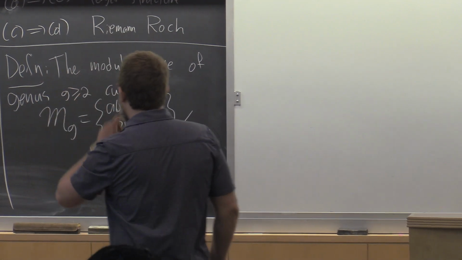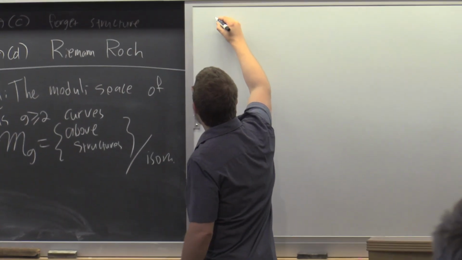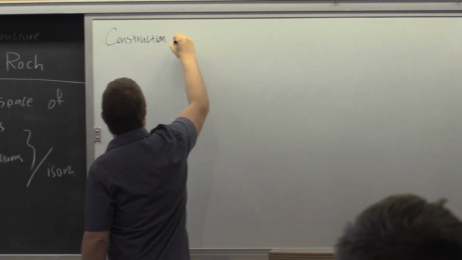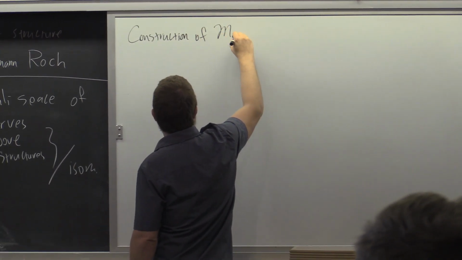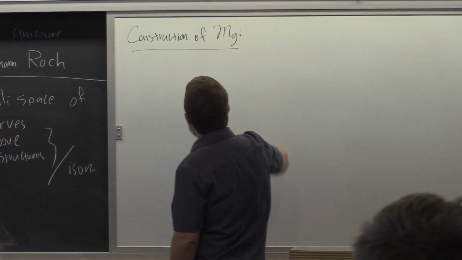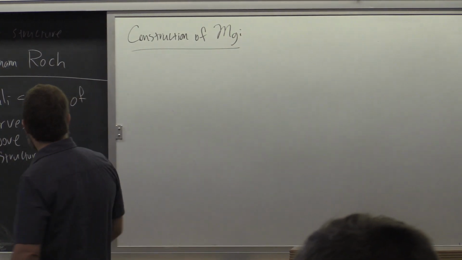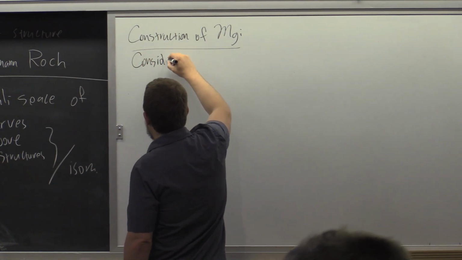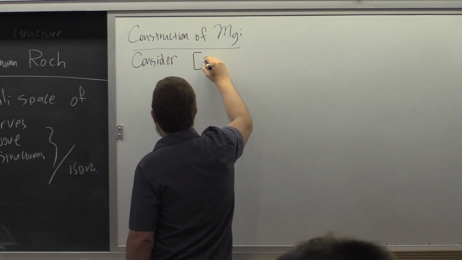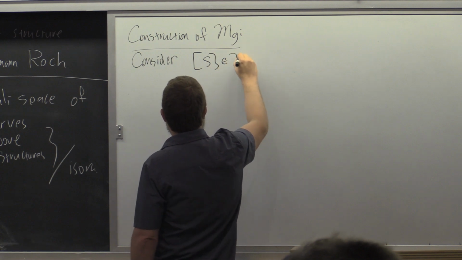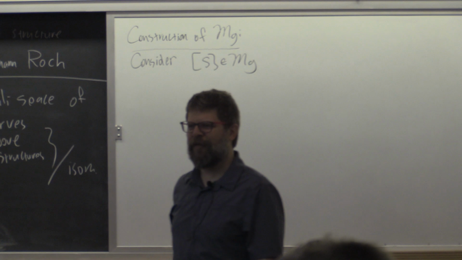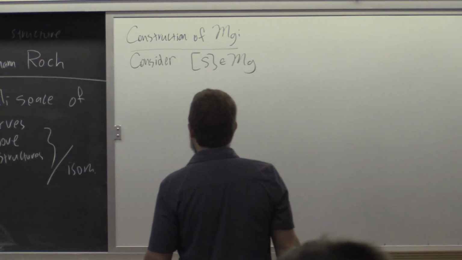So here is the construction of M_g. We consider a point S inside M_g, defined up to isomorphism, right?